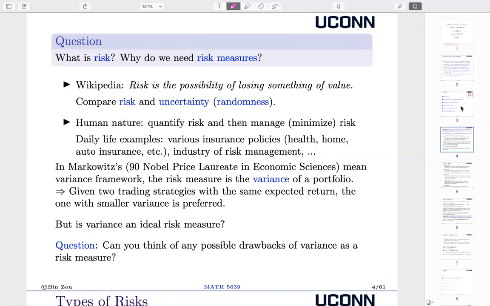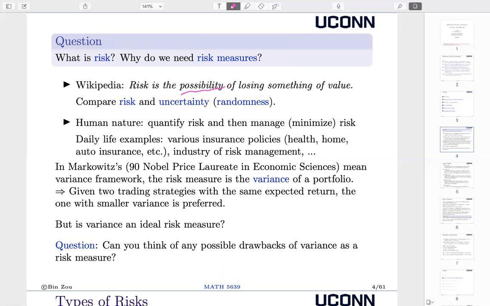A quick question is, what is risk? Why do we need risk measures? Here I copied a definition from Wikipedia: risk is the possibility of losing something of value. I think this is a very good definition. It's a probability of something, so it does not mean you will lose something of value for sure.